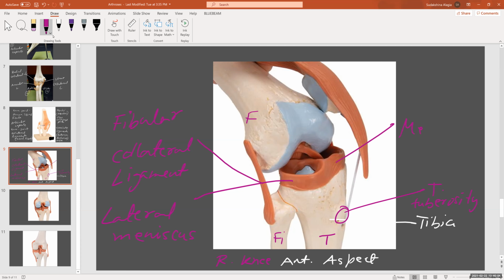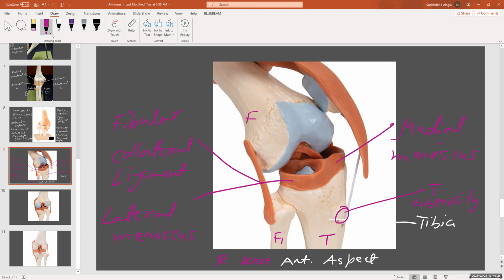Here is the medial meniscus. Make sure you have that reference: toward the fibula is lateral, the other side is the medial. So medial meniscus, lateral meniscus.